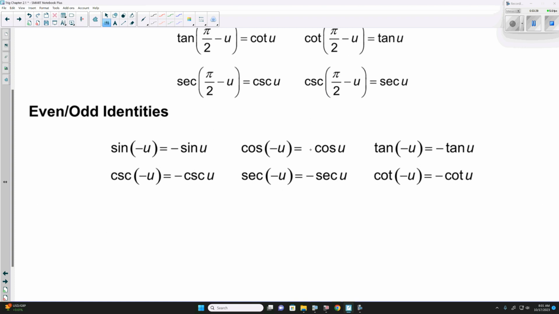The reason we can say that is because cosine is an even function. It's like our quadratics. It's also the same as saying, so x squared is considered even. So 2 squared is equal to 4. Well, negative 2 squared is still 4. We get the same value.